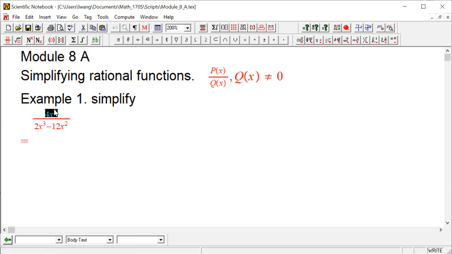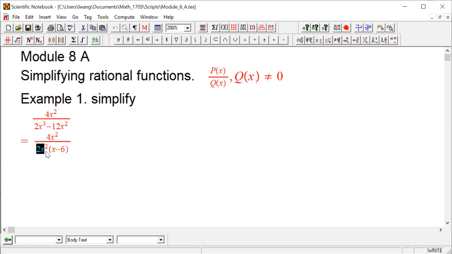The top is already in factored form, so we just have to factor the denominator. In the denominator, we can factor out the 2 and the x squared, and we will have parentheses with x minus 6.